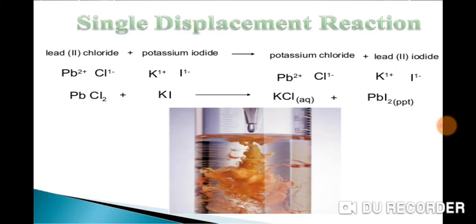Another example of double displacement is lead chloride and potassium iodide. Potassium chloride is formed and lead iodide is formed. Firstly, the ions and the valencies are mentioned, and in the chemical equation at the bottom, you can see that lead chloride and potassium iodide form potassium chloride and lead iodide.